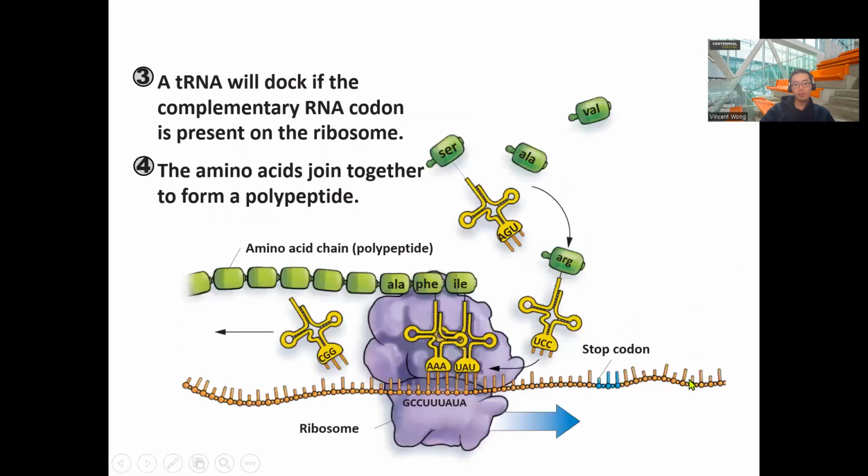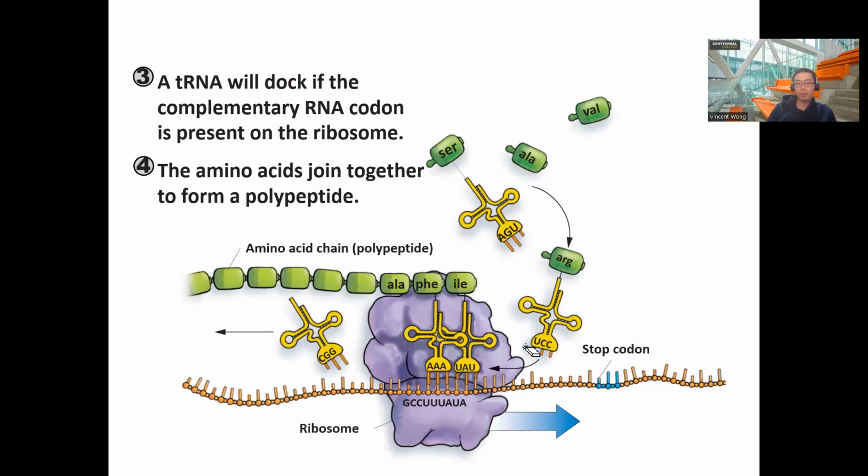So let's take a look at this messenger RNA. The purple thing at the back would be the ribosome. We have the large subunit and the small subunit. And what we have over here is a bunch of codons. So the tRNA will bring in the next amino acid, and it has to be complementary to the codon.